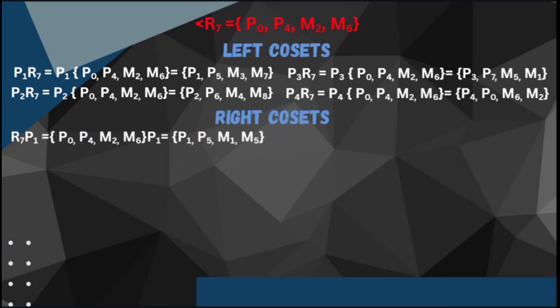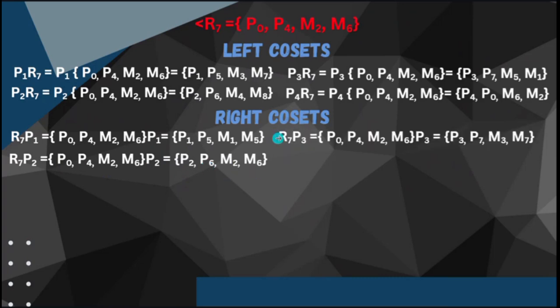For right cosets, R sub 7 multiplied by rho sub 1 is equal to rho sub 1, rho sub 5, mu sub 1, and mu sub 5. For R sub 7 multiplied by rho sub 2, we have rho sub 2, rho sub 6, mu sub 2, and mu sub 6.